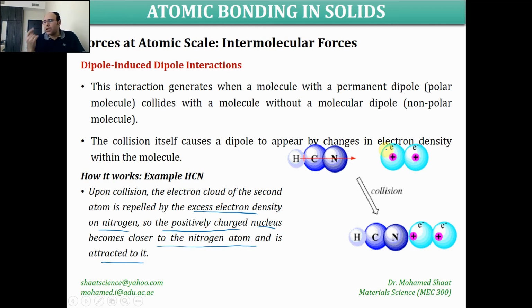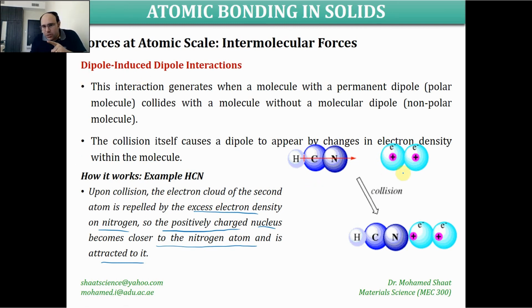The non-polar molecule has only one type of dipole, which is induced dipole. So if the induced dipole of this molecule will interact with the permanent dipole of that molecule, this will produce dipole-induced dipole interaction. Interaction between permanent dipole and induced dipole.